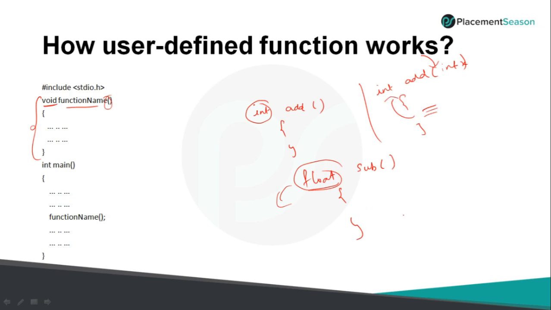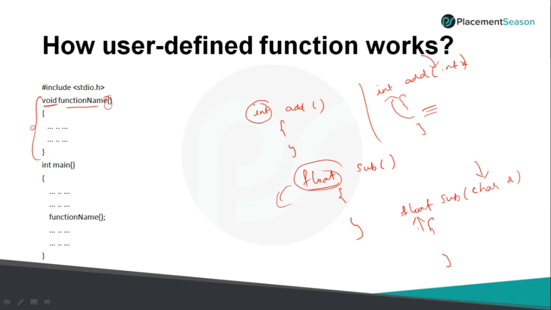Similarly, in this case, float sub with character X, it means that we are going to receive a character type input and we are going to return a float type output to the called place.